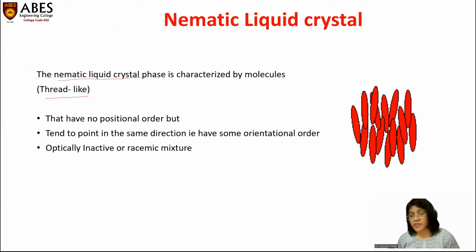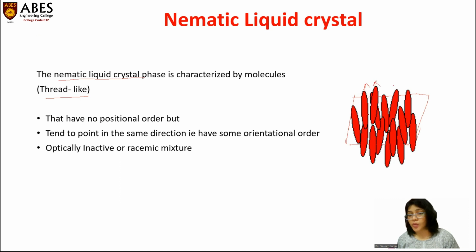As in the figure, we can see that if this is the plane where the molecules are existing, in this plane the molecules are not having a particular position. It's not defined that all the molecules are arranged in a particular position. Although they have some orientational order, we can say the maximum or average number of molecules are oriented in a particular direction.